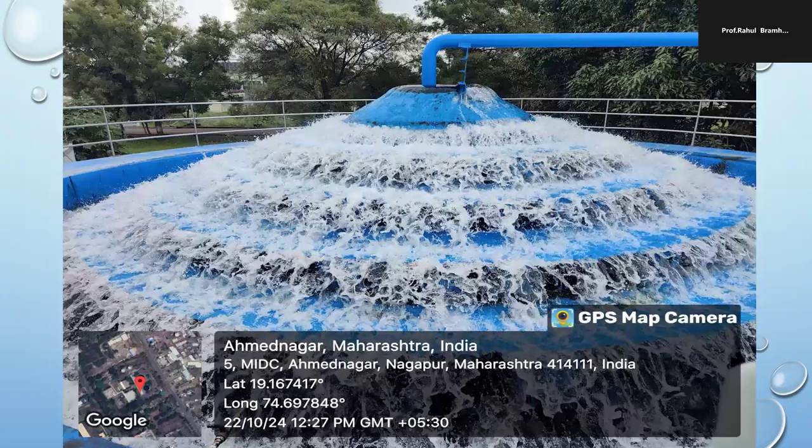Then third is the trickling bed. And this is the cascade aerator. This is an actual picture of a cascade aerator, taken at the time of a site visit at MIDC Ahilanagar.